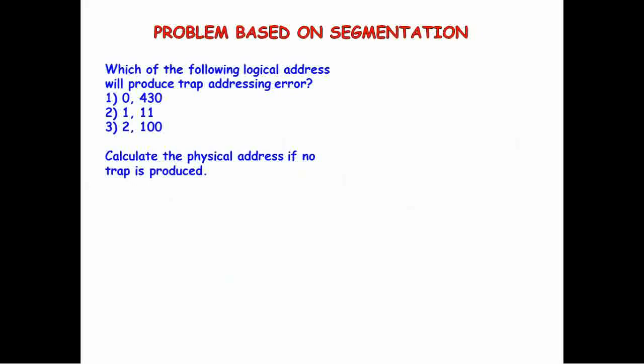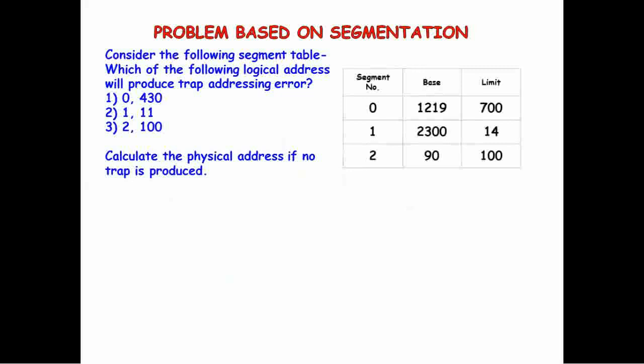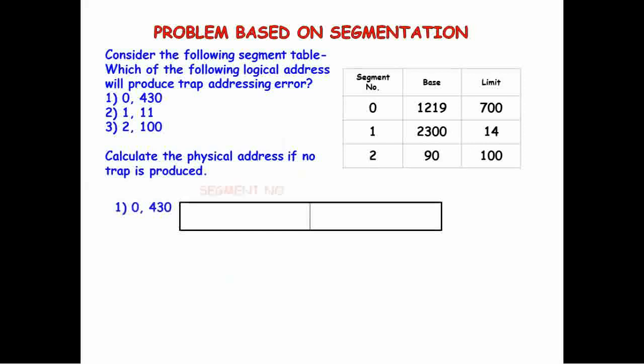Let us see the first problem. The logical address is given as 0, 430. We already know that in segmentation, the logical address consists of two parts. One is segment number and the other one is segment size. The segment number is given as 0. The segment size is given as 430. In the given problem, if you see the table, for segment number 0, the limit is given as 700.